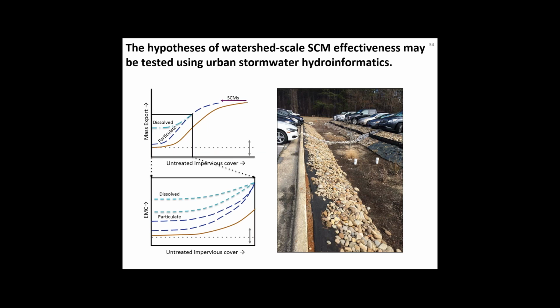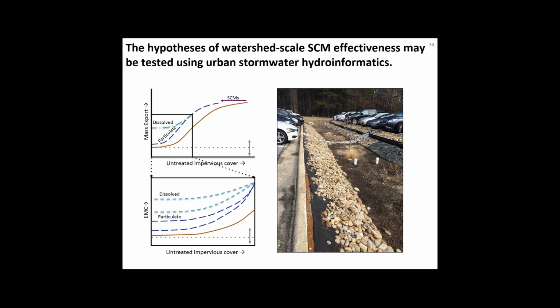If we can use new sensor technology and develop more open source tools that allow us to have a more standardized way to process and analyze these types of data sets, maybe we can start to test and tease apart some of these hypotheses that we outlined in this review paper.